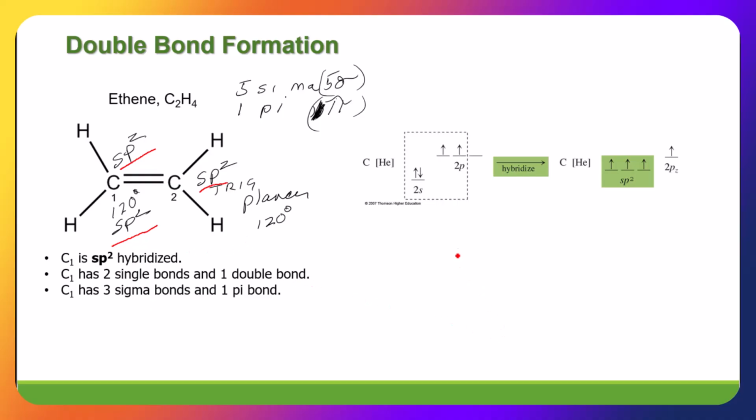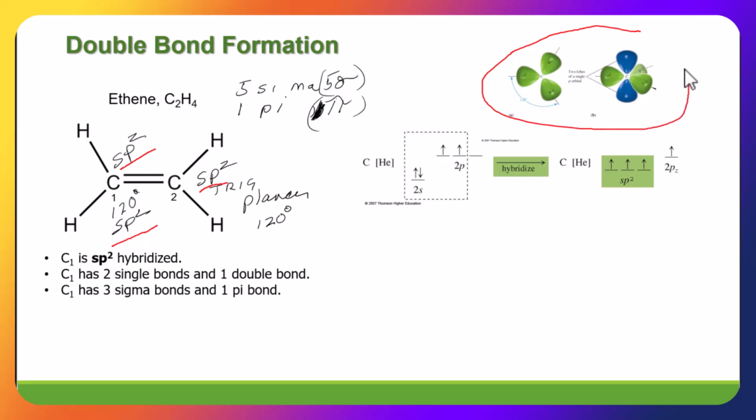Okay, and so here we have the hybridization. We take a 2s electron, we promote it, equilibrate the energies, and we get 3 sp2 hybridized orbitals. Here's what it looks like up here. There are your hybridized orbitals for the trigonal planar.